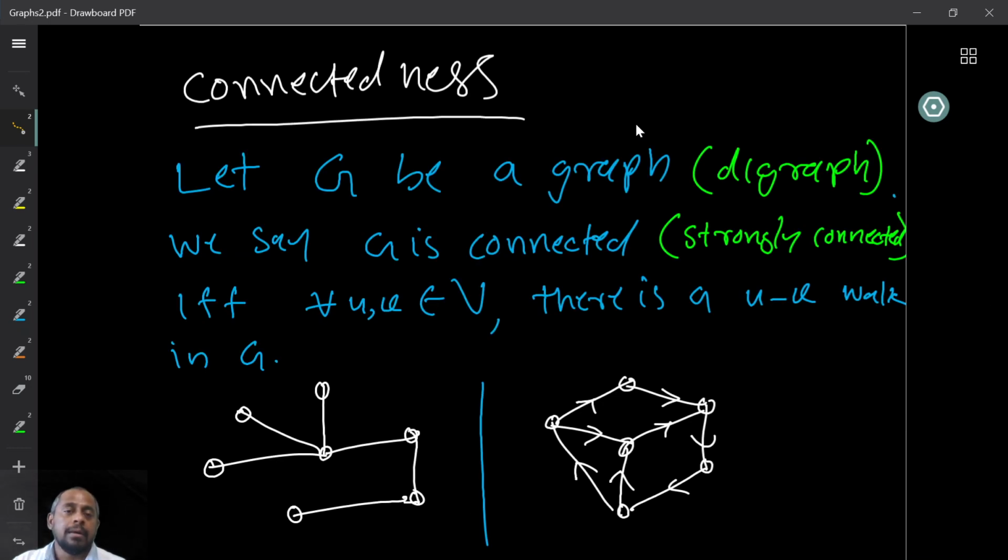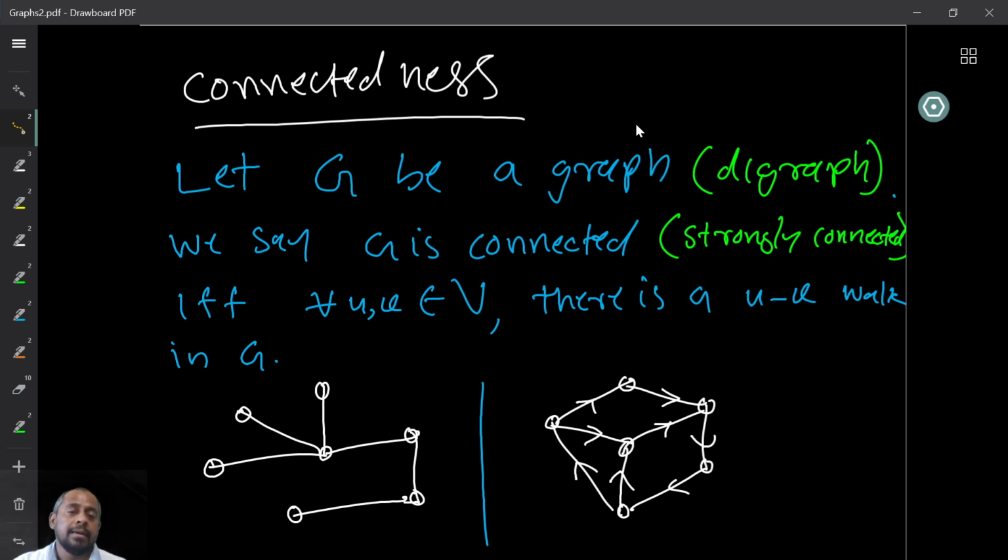Now, another very important concept in graph theory and also digraph theory is that of connectedness. Now, suppose you are given a graph or a digraph.